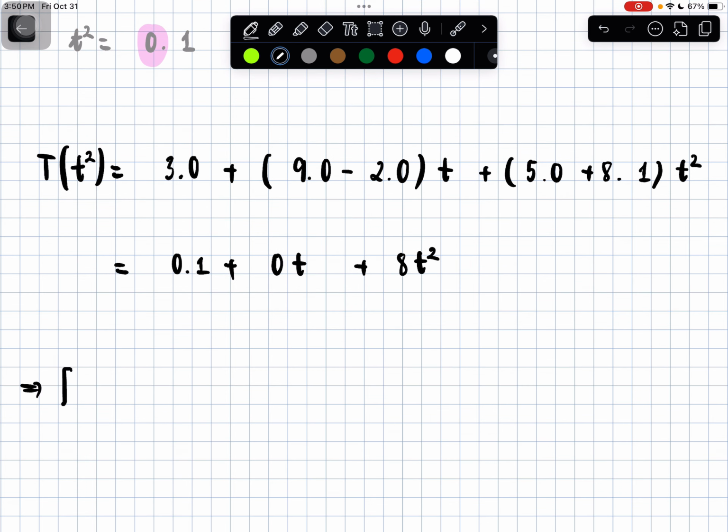The coordinate is just the coefficients: 0, 0, 8.